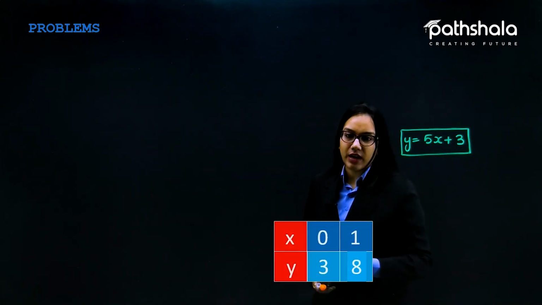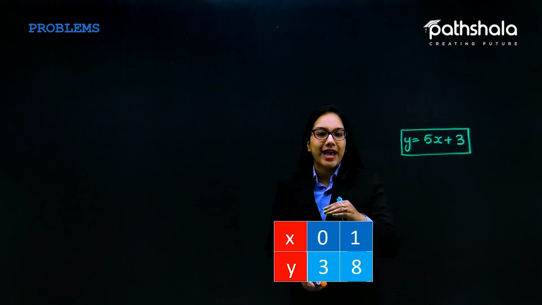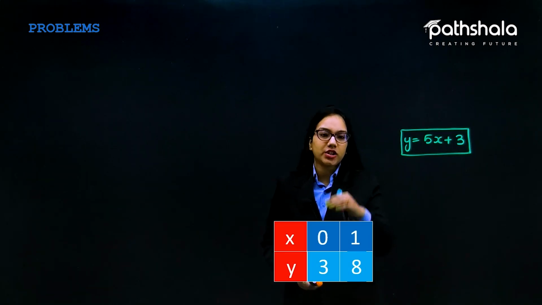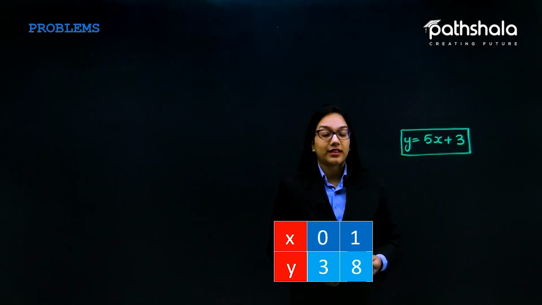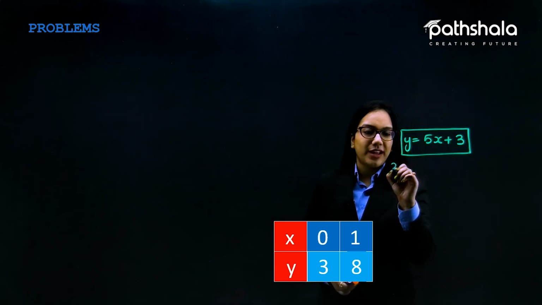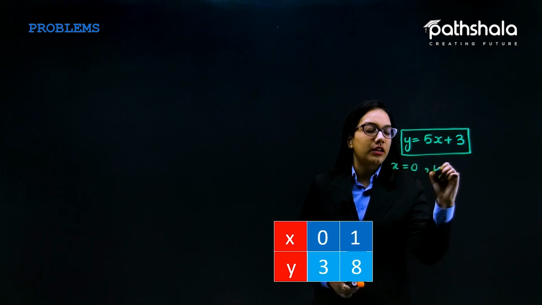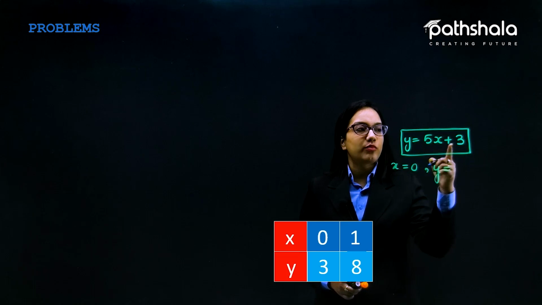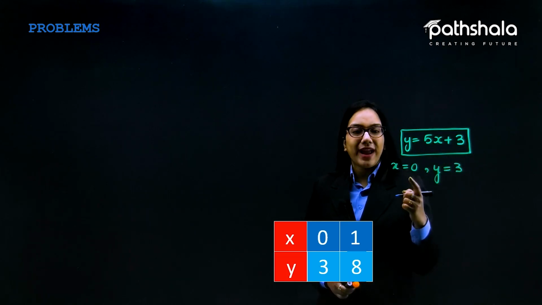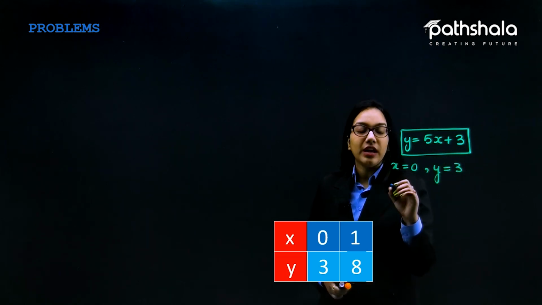Let us suppose we take x as 0. Substituting x as 0, you get y equal to 5 into 0, which is 0, plus 3, which is 3. So for x being 0, y is 3.